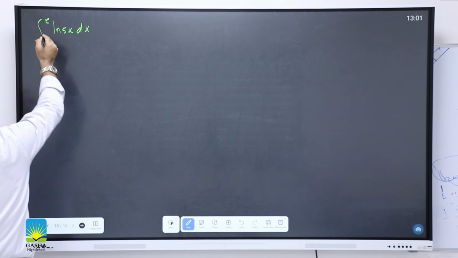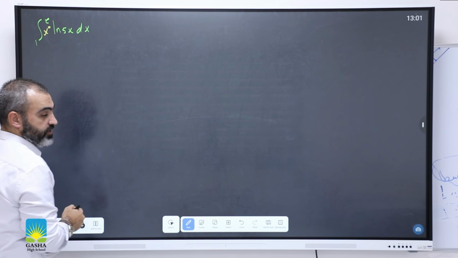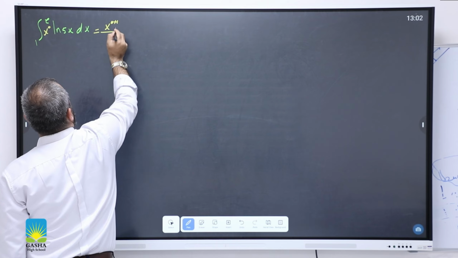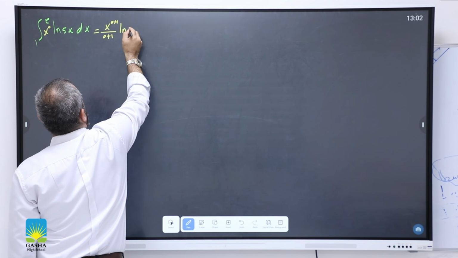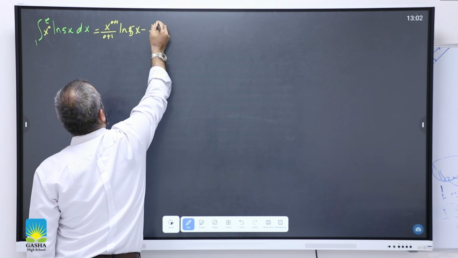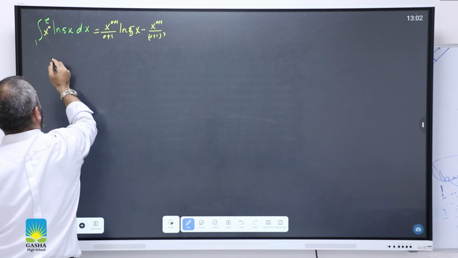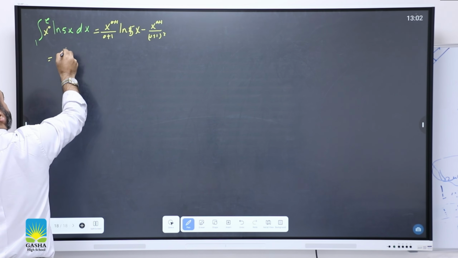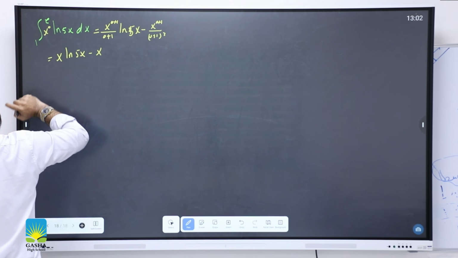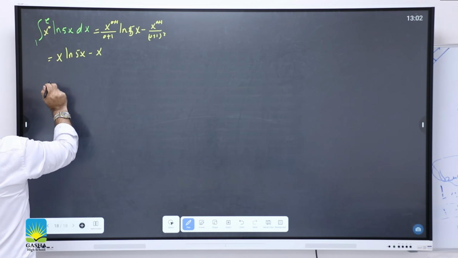We have no x here, so we add x to power 0. x to power 0 plus 1 over 0 plus 1, ln 5x, minus x to power 0 plus 1 over (0 plus 1) square, equal to x ln 5x minus x. And we replace e and 1 in all of them.